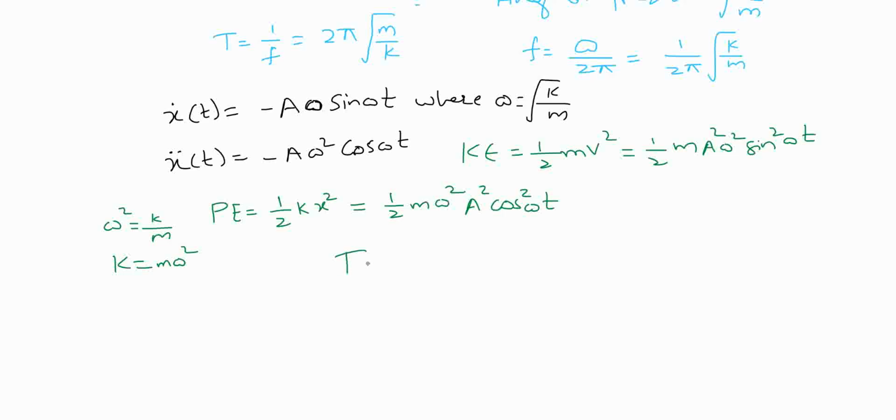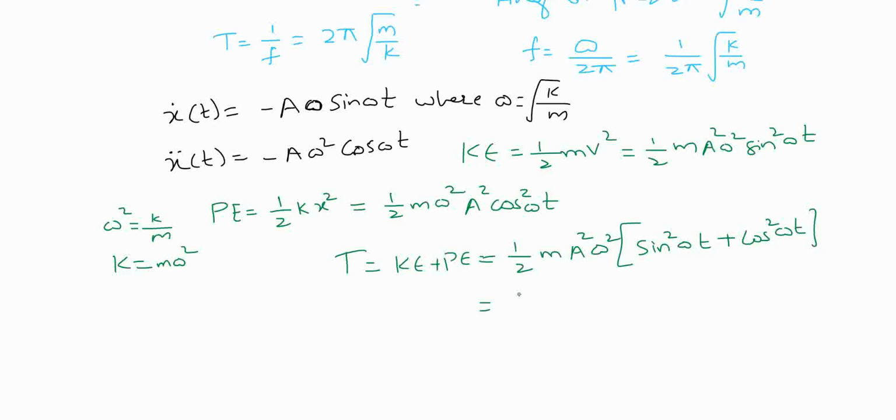So total energy E is equal to KE plus PE. That will be half m A square omega square. These terms are common in both, so I am taking them common and then adding sin square omega t plus cos square omega t.